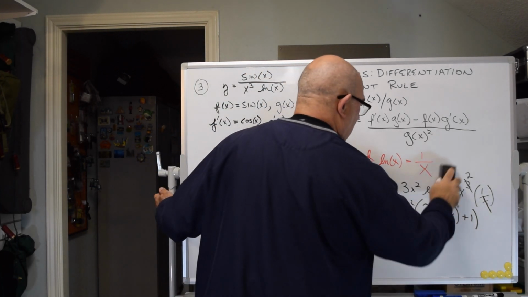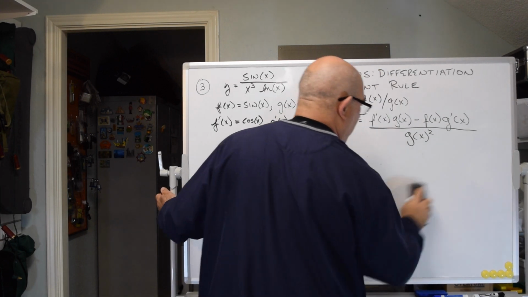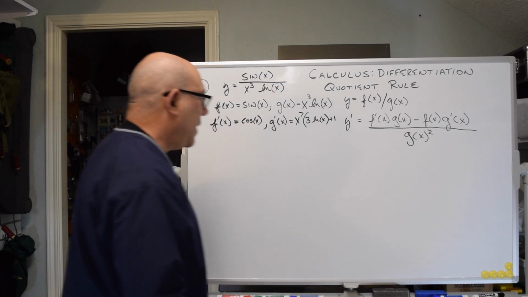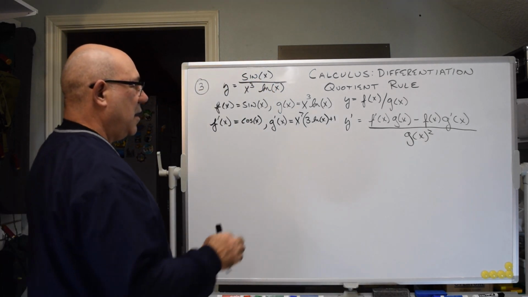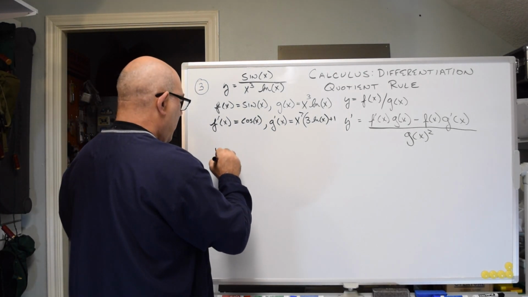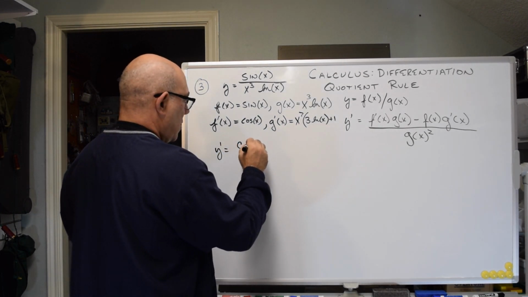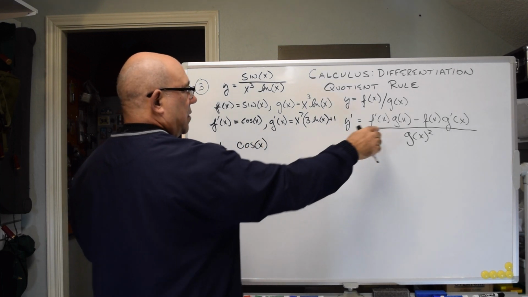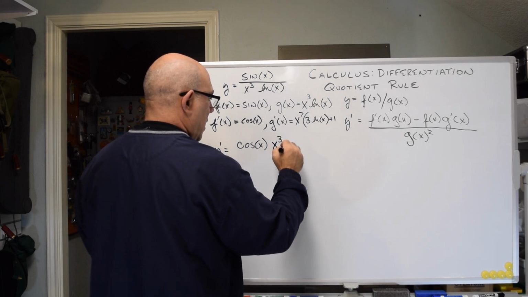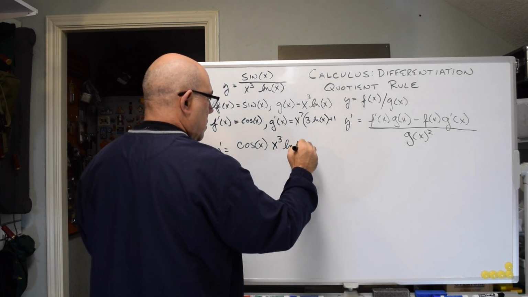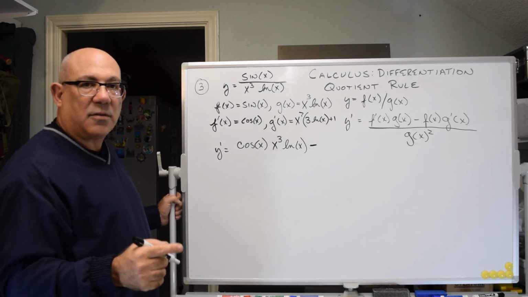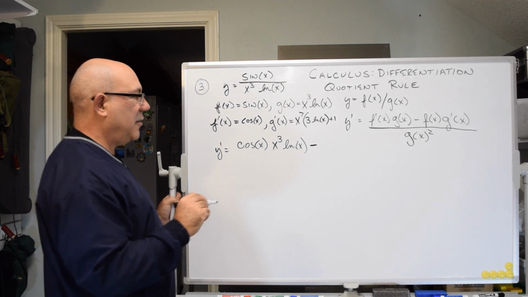Okay, so now we have all the pieces we need to solve this problem. It's going to be a little messy, but we'll get to simplify it. So f prime of x is cosine x. So we have y prime equals cosine x times g of x, which is x cubed log x, minus. You notice before we used a plus with the product rule, with the quotient rule, we use a negative.